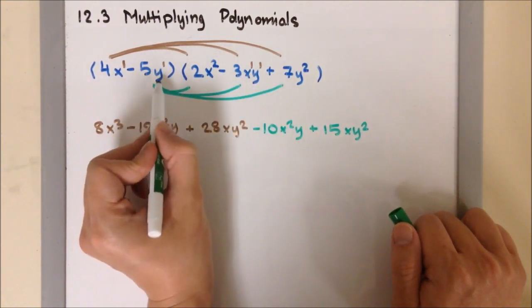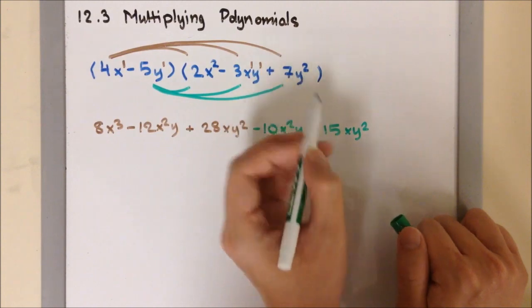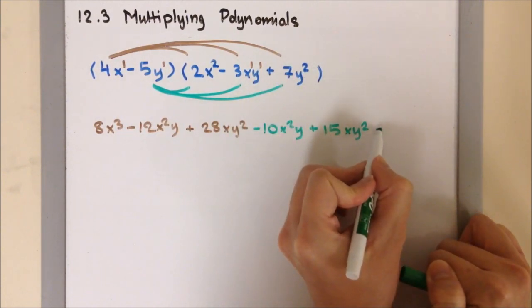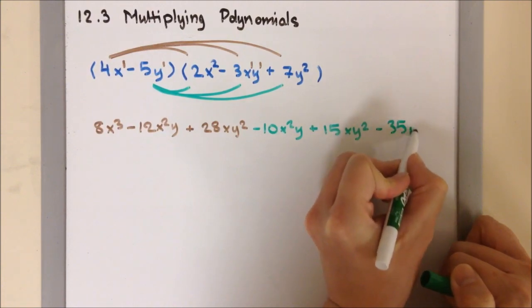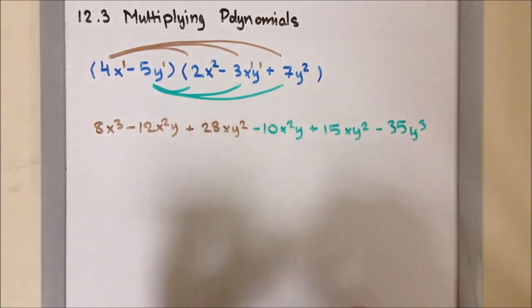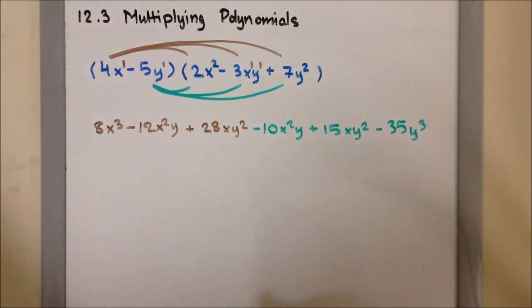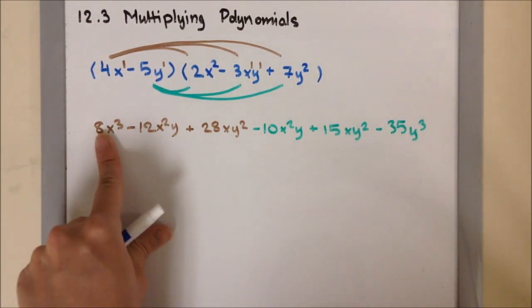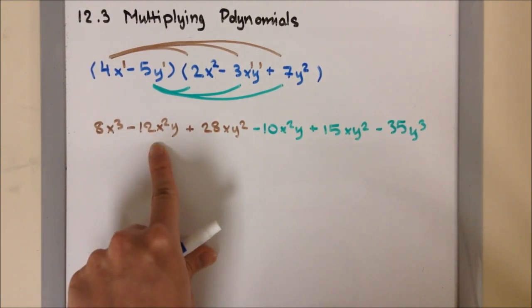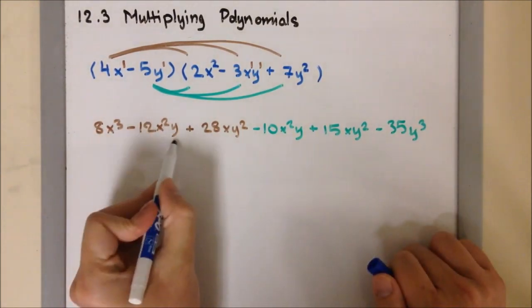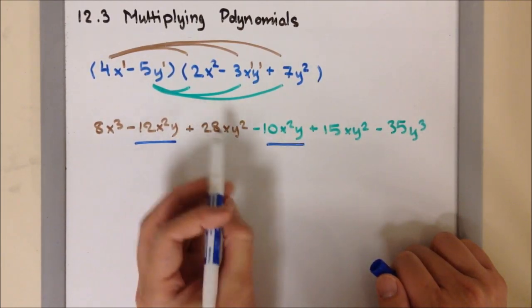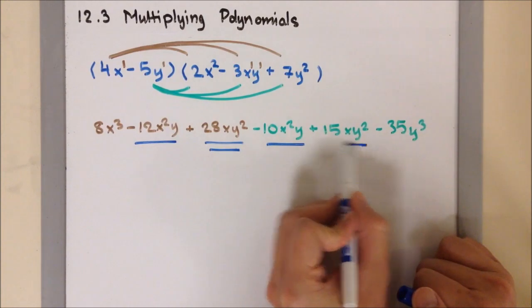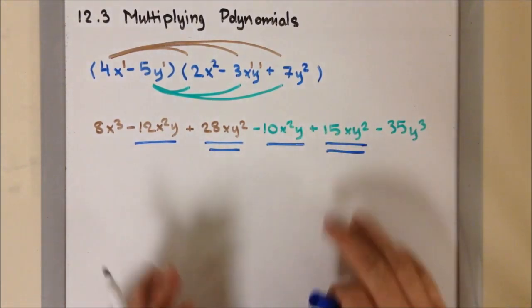And then negative 5y times 7y squared will be negative 35y to the third. Alright, let's check if we can combine any like terms. No x to the third; any x squared y, we do, 1, 2. And then let's check xy squared, we do, 1, 2, 1, 2. So here's our combined like terms.